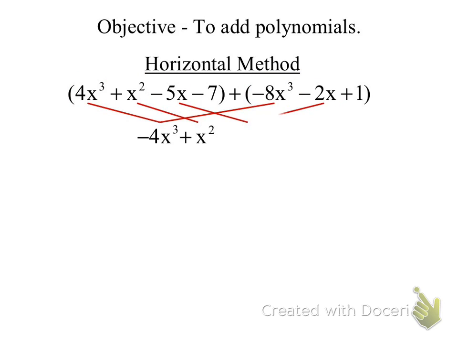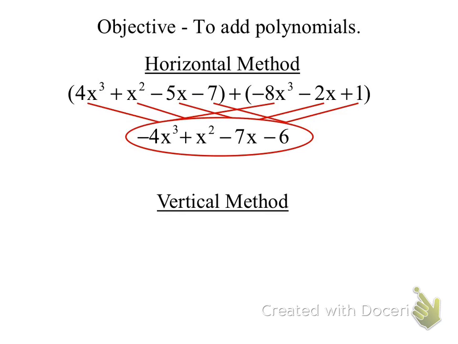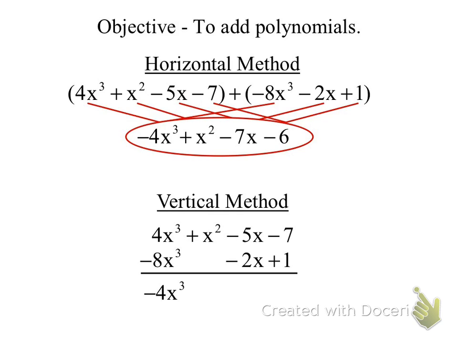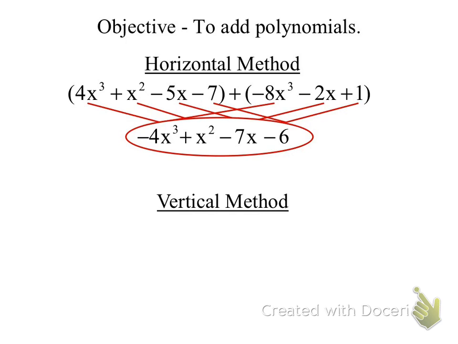And then method number 2 is the vertical method. In the second, we write down the first polynomial, and then we line up negative 8x to the third right here with 4x to the third.